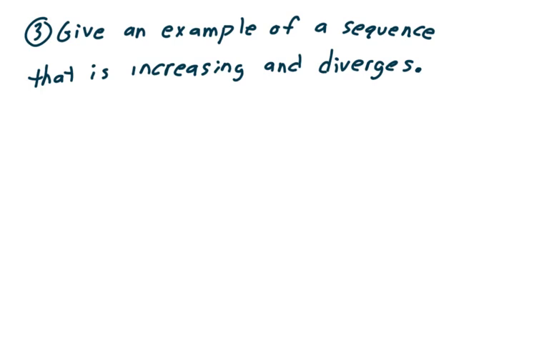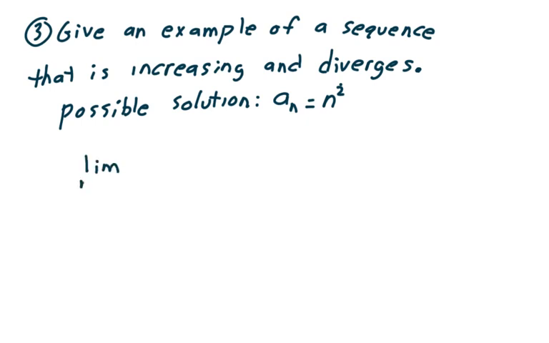Remember that the key is that the limit has to go off to infinity. And so a possible solution is a sub n equals n, or we'll even say n squared. So notice how the limit as n goes to infinity of n squared is infinity. And n squared most certainly is less than (n plus 1) squared.